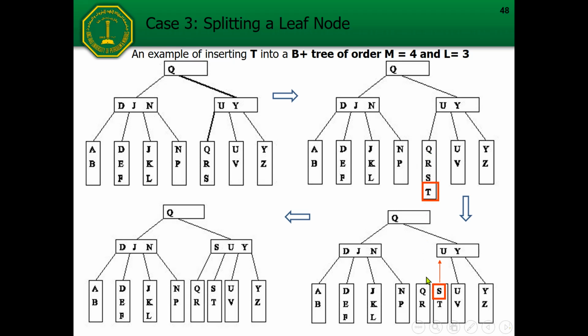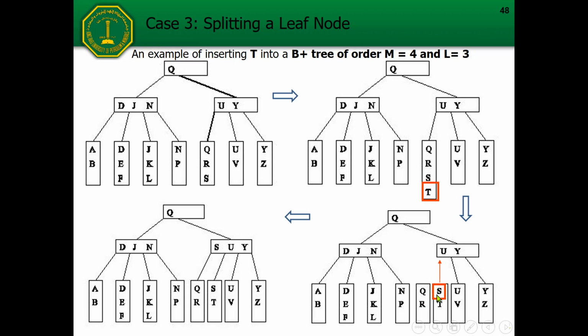QRST is split into QR and ST. Now we have one additional leaf node in this B+ tree, which means that we need to increase the number of keys in the parent. Otherwise, there will be a leaf node that does not have a reference.